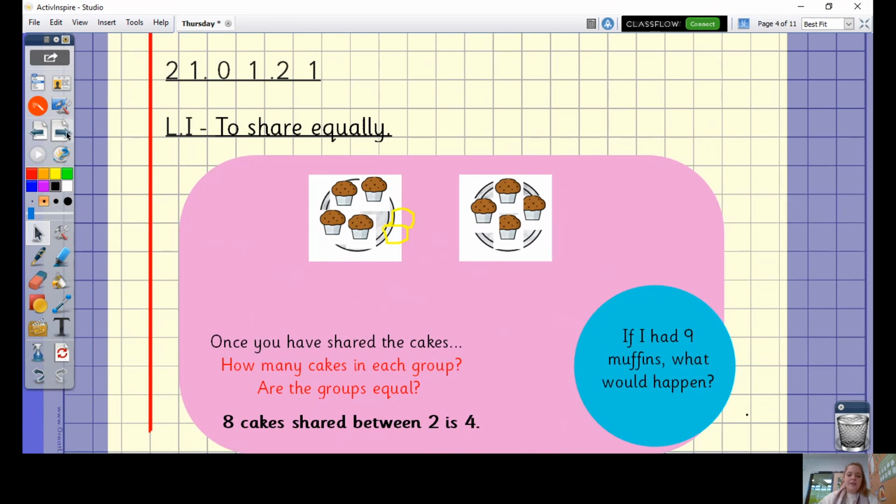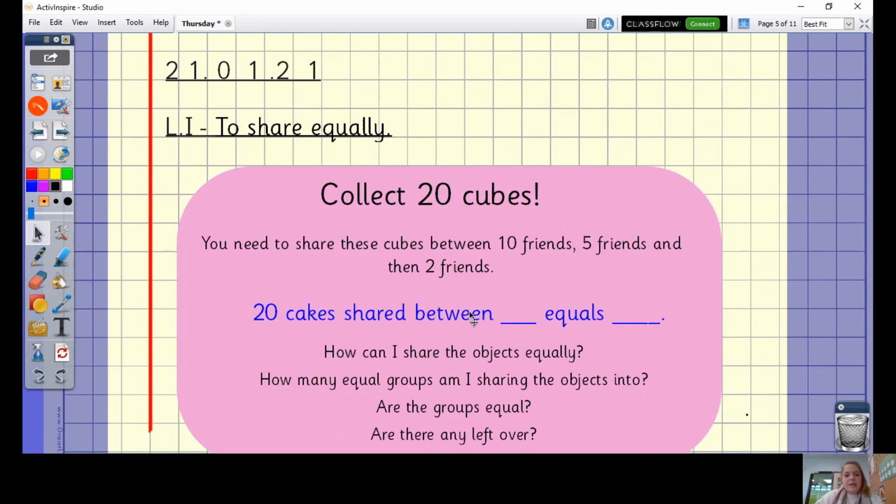Okay, let's have another go at another question. So this time I want you to collect 20 cubes. Again, it doesn't have to be cubes. It can be any object you have in your home that you have 20. Okay, I want you to share these objects between a different number of people.